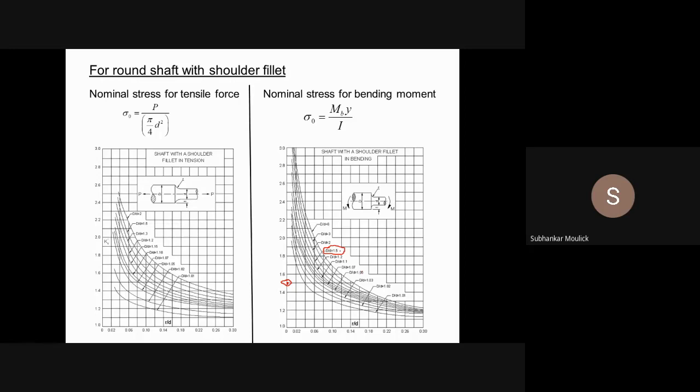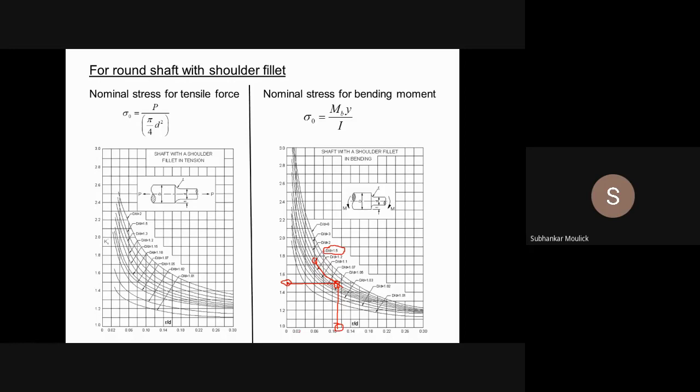That means which graph? If I count from the top, first, second, third, fourth, this graph will be the fourth from the top, will it not? Yes, sir. So D by d is 1.5, and this is the graph. From this particular value of Kt, if I go along the x-axis in the right direction till this point, and from this point go vertically downward, then I can get the value of small r by d.